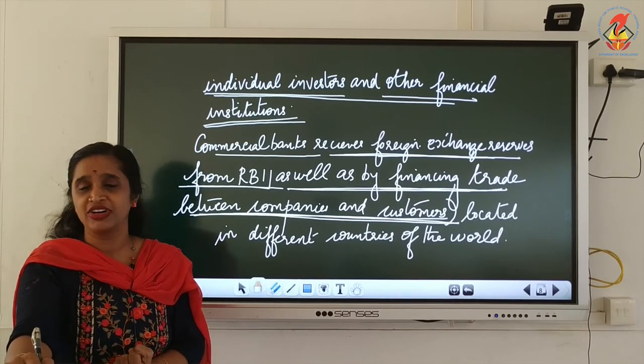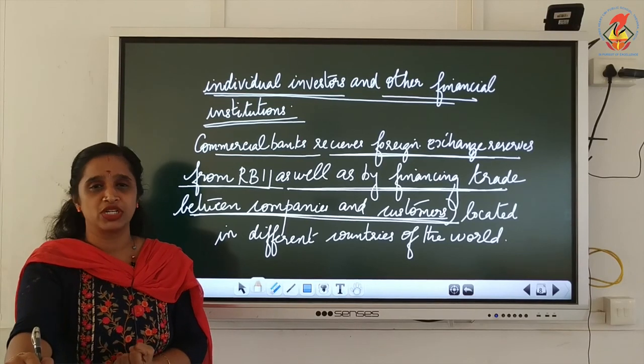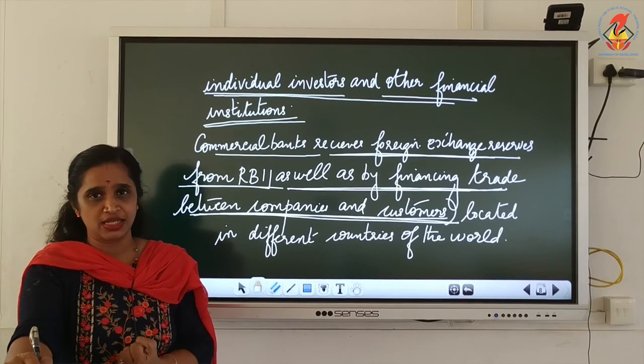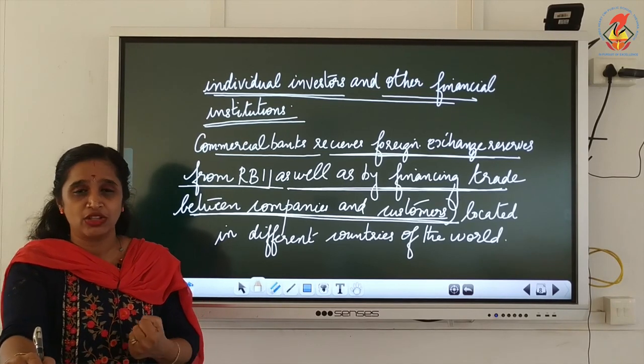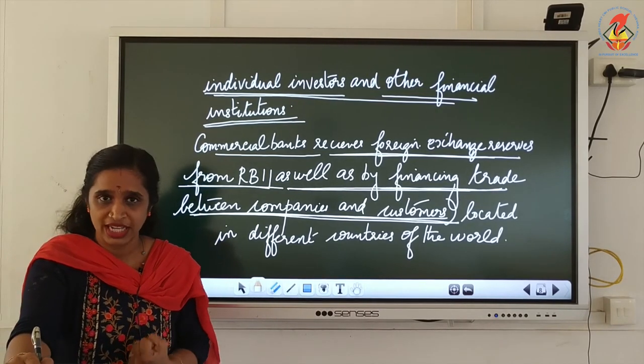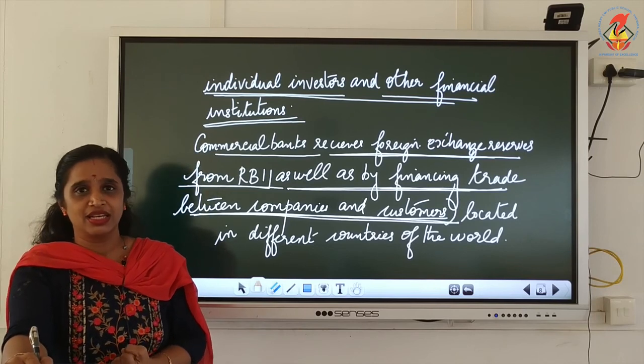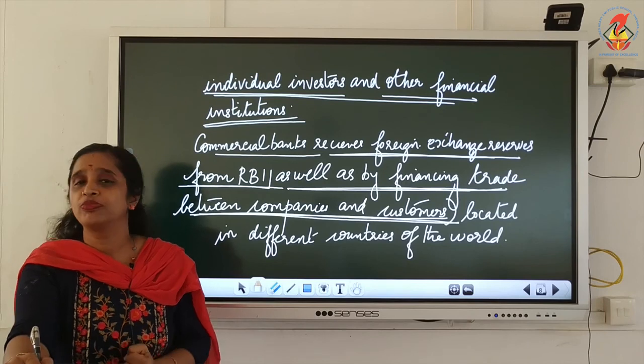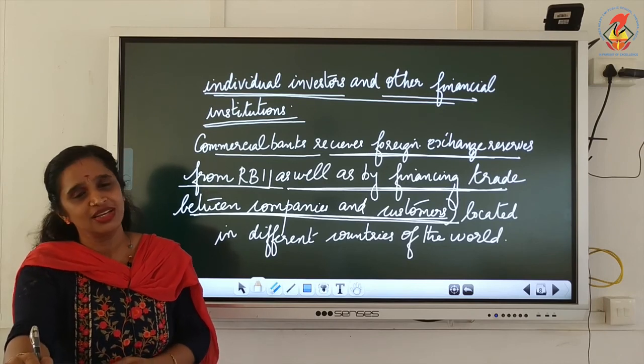The power of RBI and the commercial banks to invest in foreign currencies and foreign exchange reserves, buying and selling as the authorized dealers in the foreign exchange market, is known as banking capital. I hope the components of the capital account are clear to you.